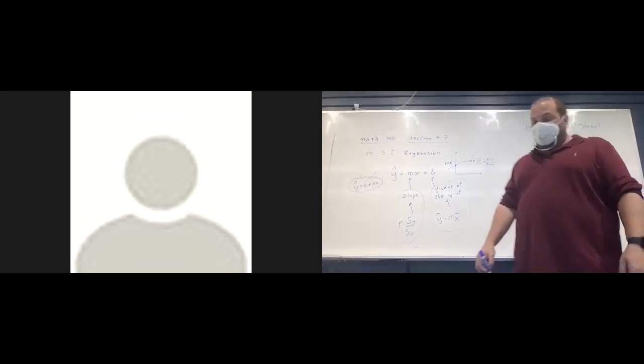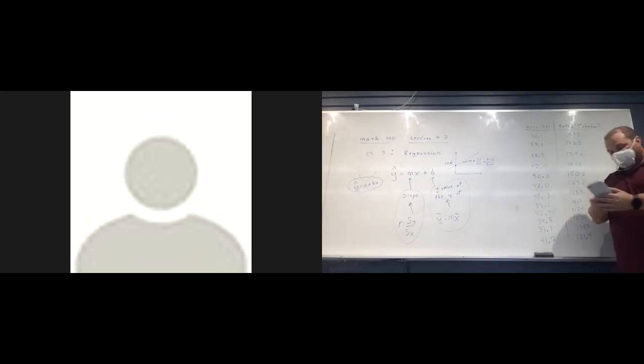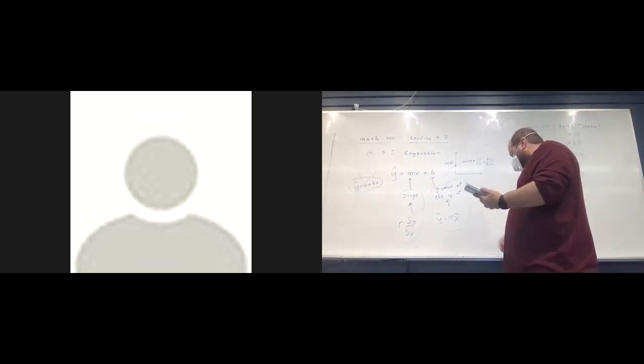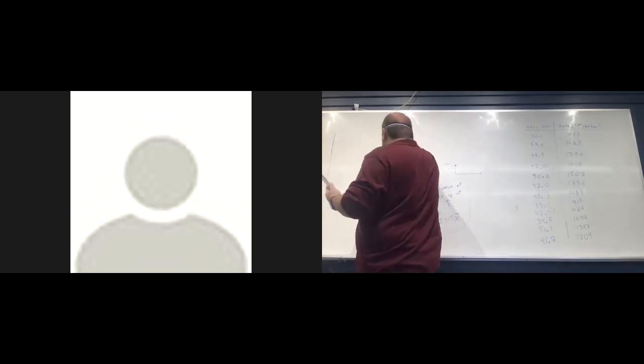So the first thing I'm going to do is make a scatter plot in my calculator. How do I make a scatter plot of the data? What's the first thing I should do? Yeah, stat and edit. The first thing I need to do is put the data into my calculator.